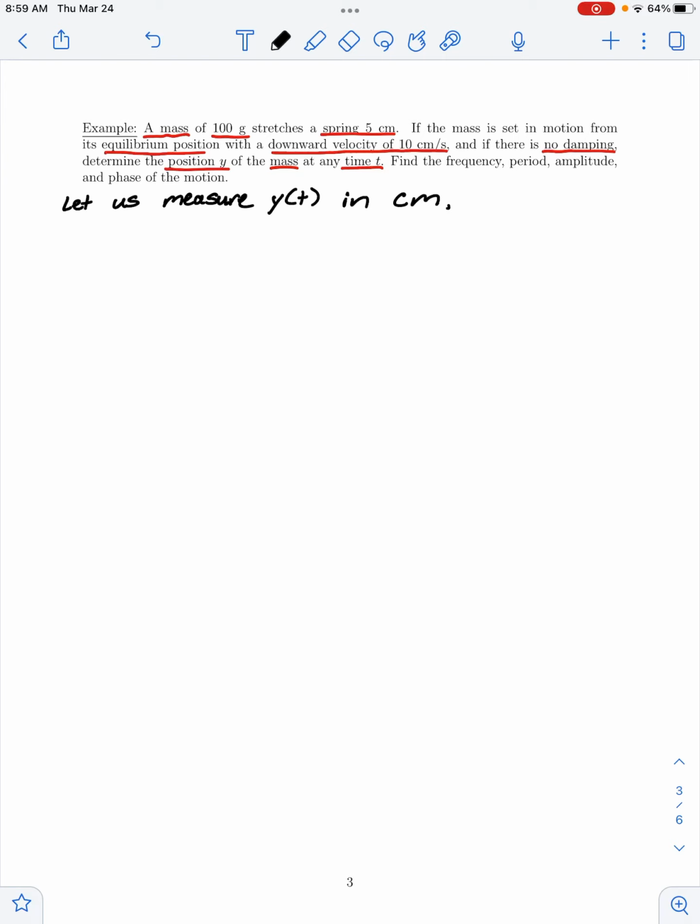And here we're told in the problem statement that there is no damping. So since there is no damping, and we weren't given any information about an external forcing function, our equation of motion would have the form m y double prime plus k times y is equal to 0. Our damping coefficient b is 0, and there is no external forcing.